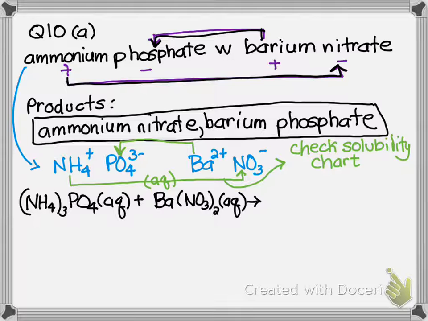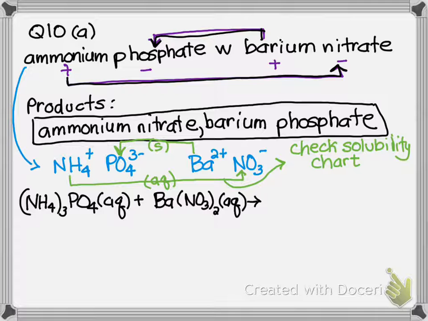And here's a little pet peeve of mine. In your solubility chart in the textbook, there is no phosphate, so you wouldn't be able to check. But this is homework, so you could just Google solubility table or solubility chart, look at images, and find one that does have barium and phosphate. And if you did, you would see they would be insoluble, or they would form a solid.